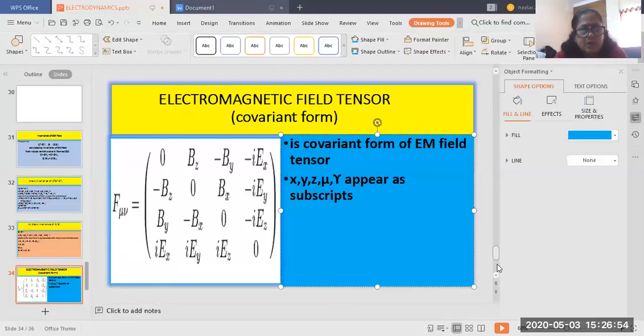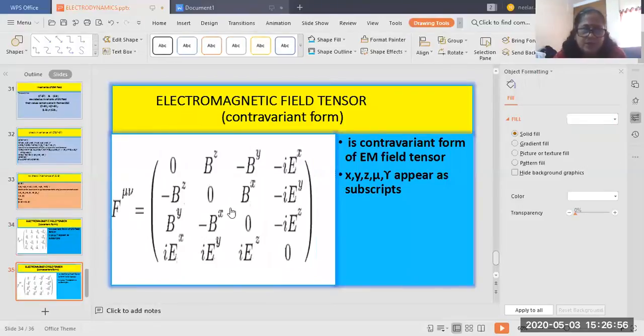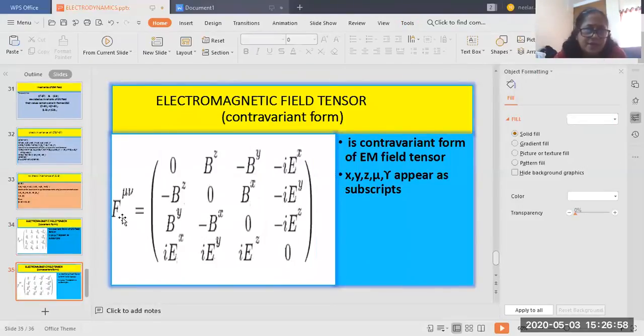Okay. So now we'll go to the next form. You can see here earlier mu nu was at the bottom. Now you see it is in the top right corner, and here also the variables are on the top right. This is a convention of writing. If this is the case of representation, then what is this called?